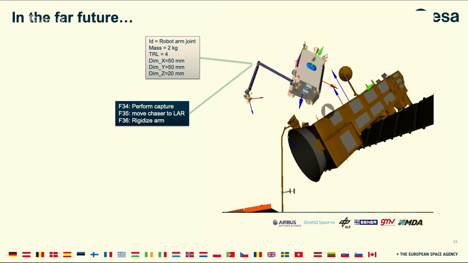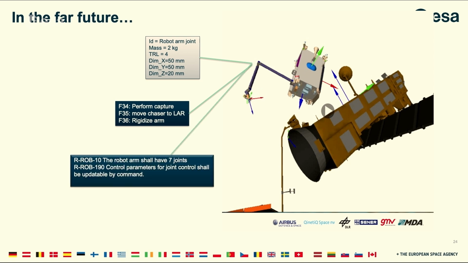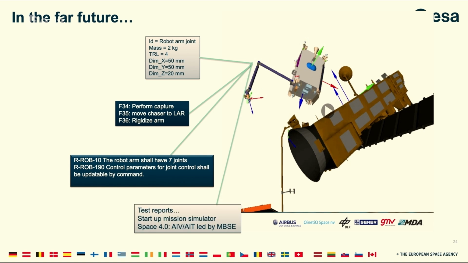Or I could ask what kind of requirements are linked to this robot arm. And later on, when we start building, we can continue using these tools, and for example, any test report could be linked in the MBSE tool and therefore easily seen and found. In the future, we will also see that integration could even be led by MBSE tools.